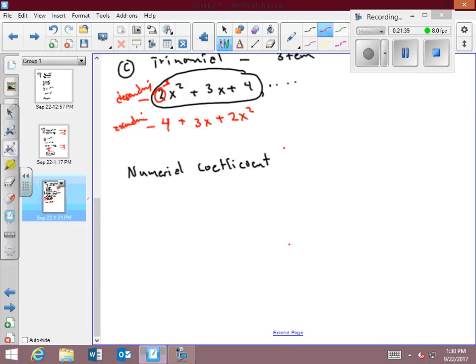Now, another thing that we want to talk about is things that are not polynomials. The first thing that makes a sum of terms not a polynomial is there can be no negative exponents.